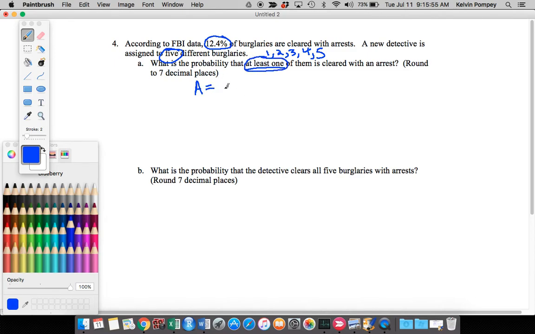So if I let event A represent at least one burglary is cleared with an arrest, I'm going to use my complement of that in order to help me figure out what that is, right?